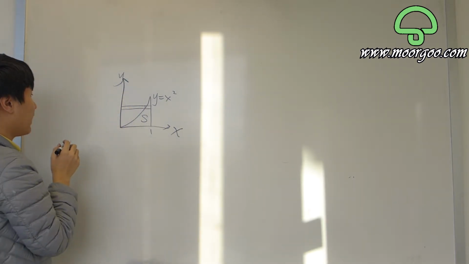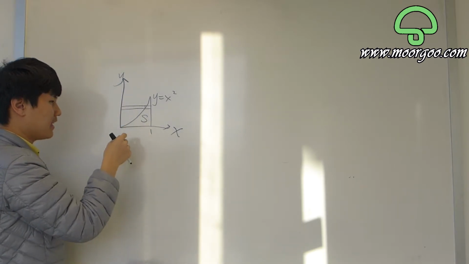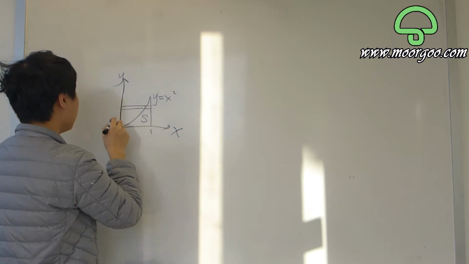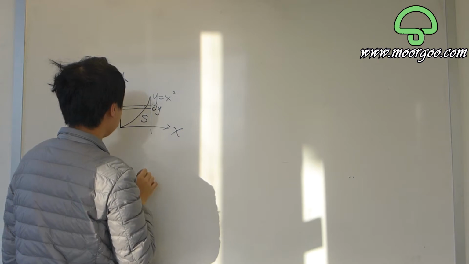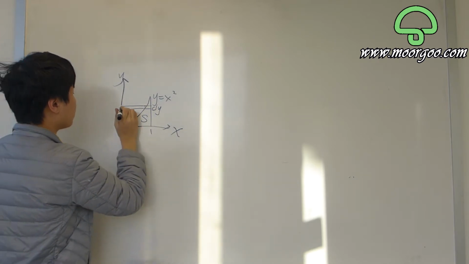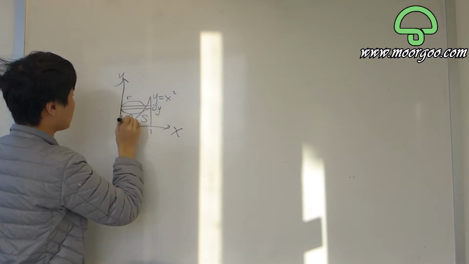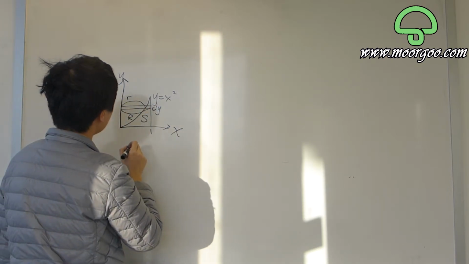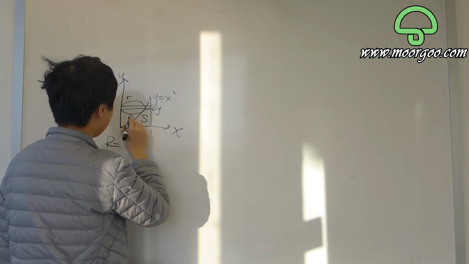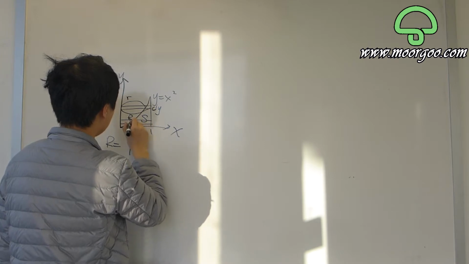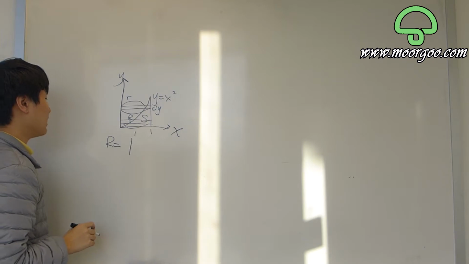We have to form a horizontal ring instead of the vertical one, and the thickness of the ring is no longer dx but dy, and again this lowercase r and uppercase R. We know that uppercase R is equal to 1 because it's always 1, independent of what x is and y is.